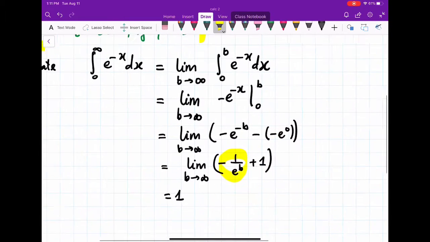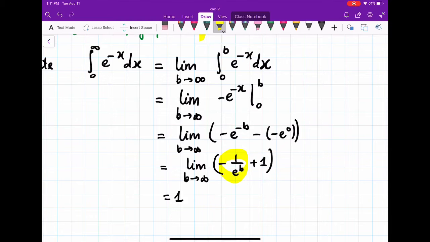So yeah, the limit exists and equals 1, right? So that's another way to show that the integral converges.